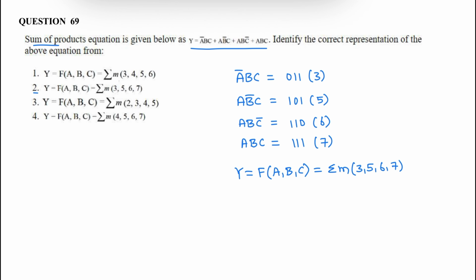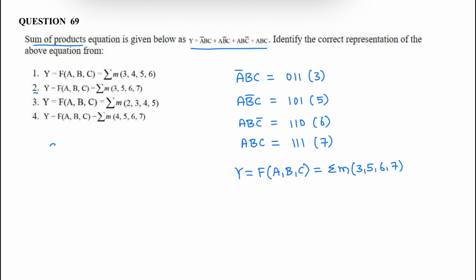So the SOP terms: A bar B C is 011, it is minterm 3. A B bar C is 101, minterm is 5. A B C bar is 110, minterm 6. A B C is 111, minterm is 7.